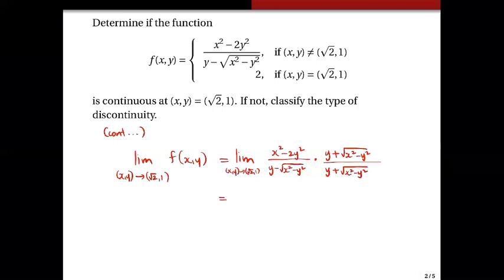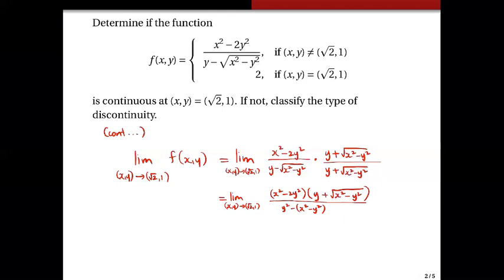So if we simplify this, we will have the limit as the point x comma y approaches square root of 2 comma 1. In the numerator, let us just write them in factored form. So here you will have x squared minus 2y squared times y plus square root of x squared minus y squared, all over, in the denominator, difference of two squares, so we will have y squared minus the quantity x squared minus y squared.